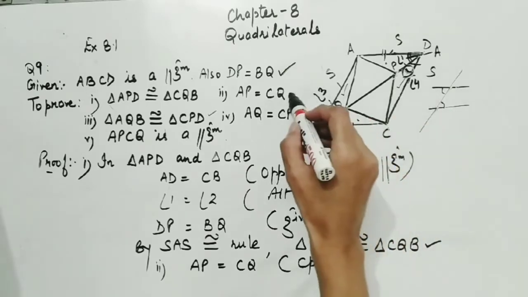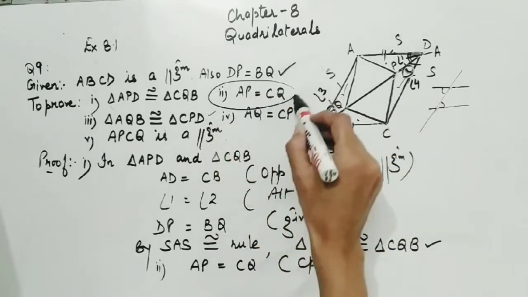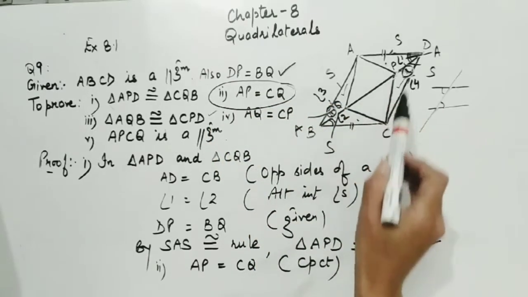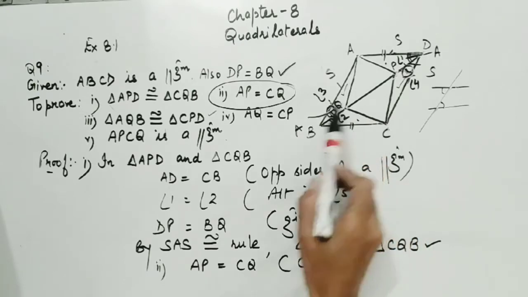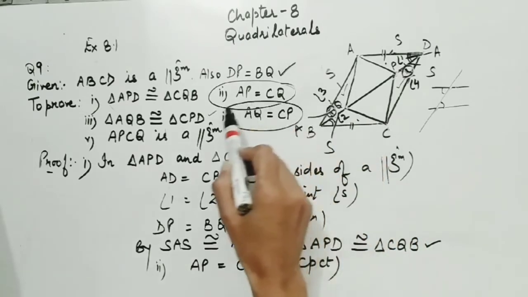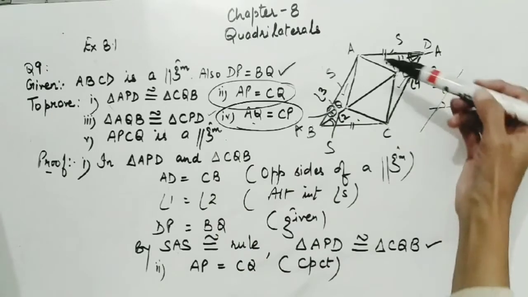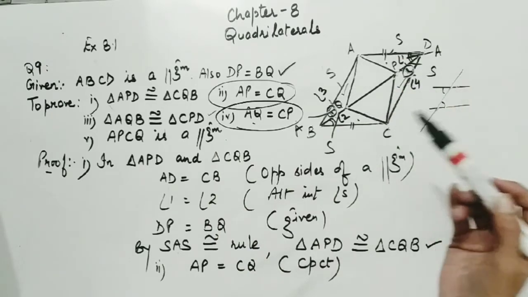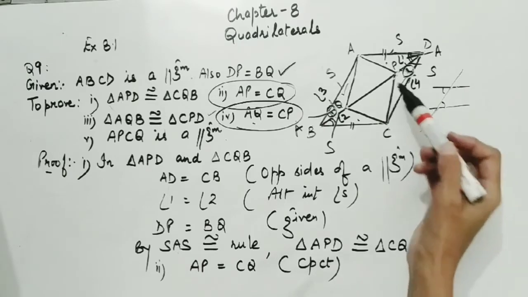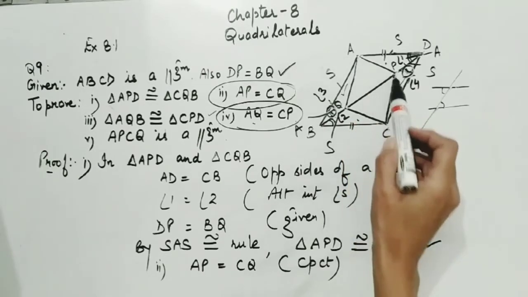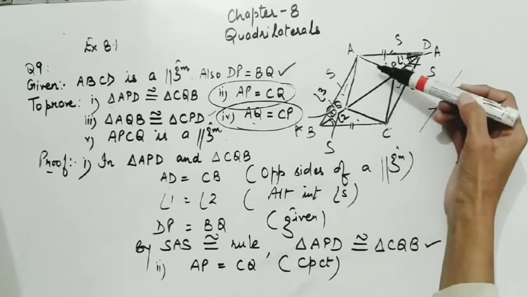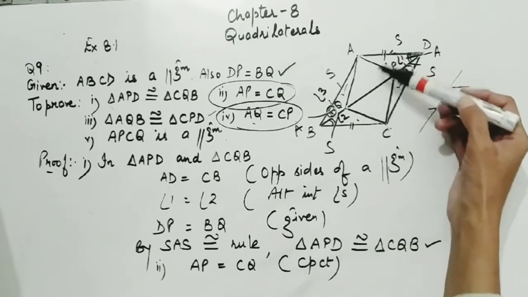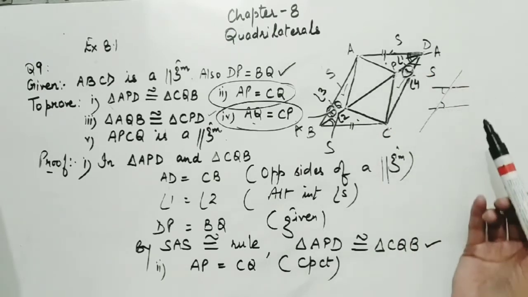Now finally, the fifth part demands that this figure APCQ is a parallelogram. Look at these two. In the first case we say AP is equal to CQ, and in the second case AQ is equal to CP, and we know a theorem which says any quadrilateral with both pairs of opposite sides equal is a parallelogram.